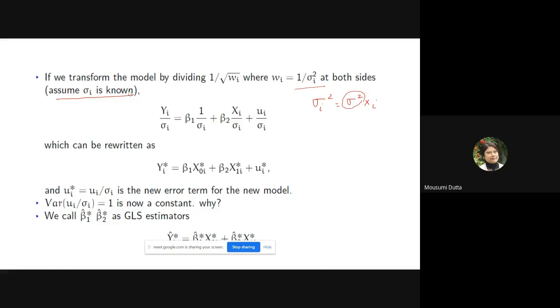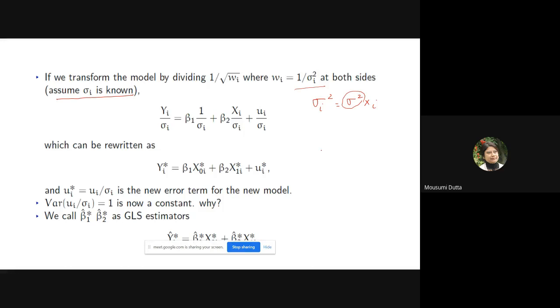Then I am multiplying the regression model with the weight. The weight is 1 upon root over wi, where wi is equal to 1 by sigma i square. So in place of wi or root over wi, I'm putting 1 upon sigma i square.